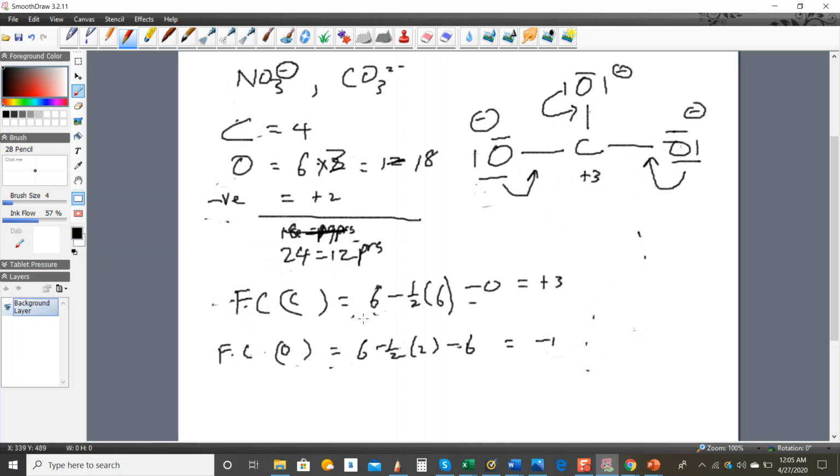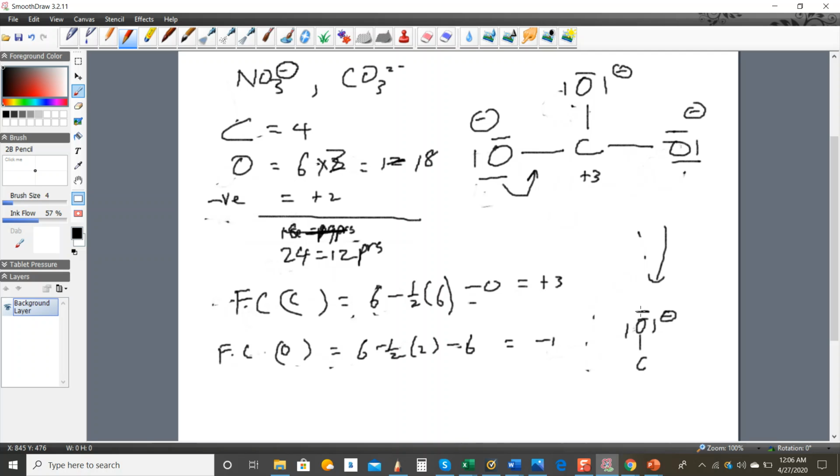Oh, okay. So again, I made the same mistake that I told you guys to avoid, because carbon cannot have more than 8 electrons on its outer shell. So basically, this is what happens, right? Only this pair of electrons will shift here.